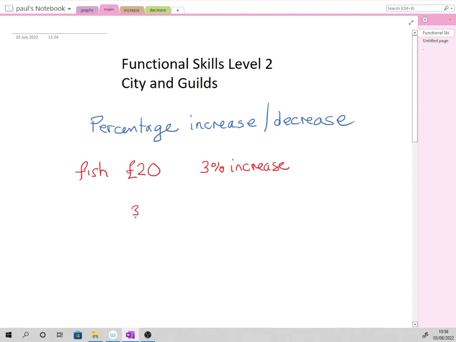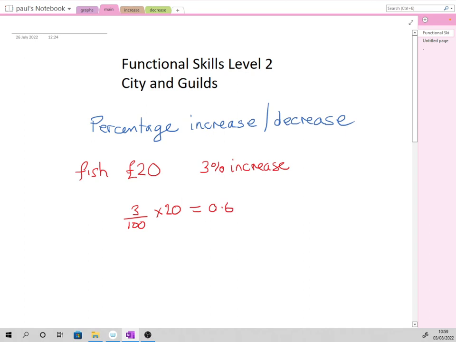So 3% times 20, and always, on calculators, 3 divided by 100 times 20 is 0.6.